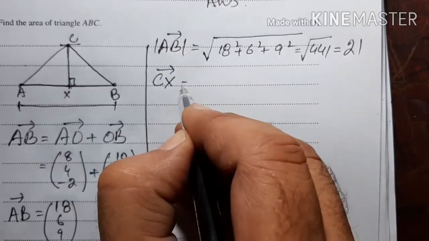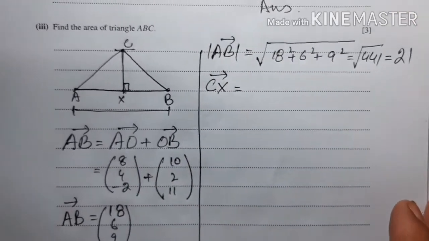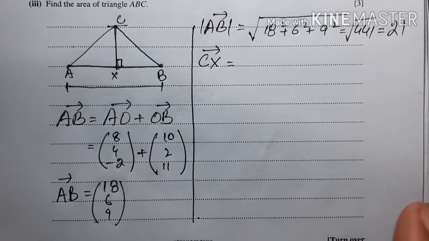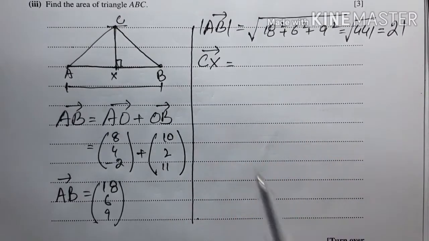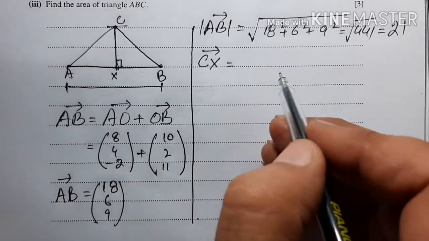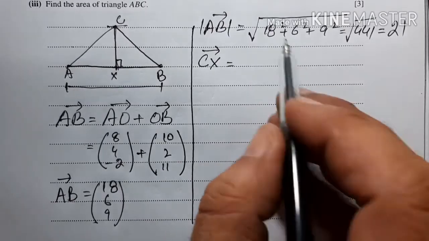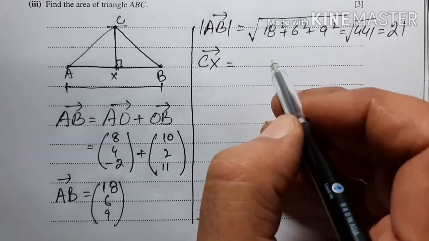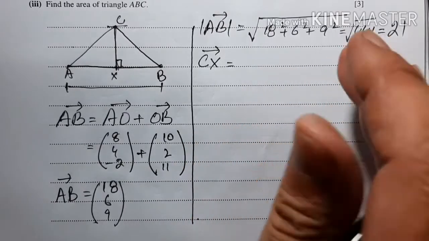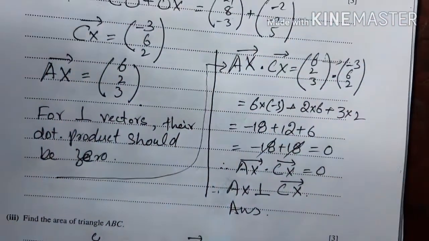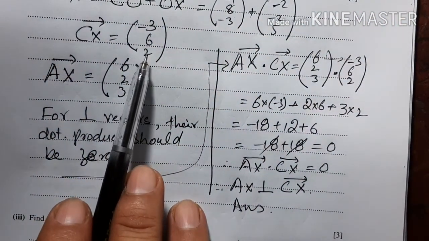Now CX. Actually, I have to write a bit bigger for the video, that's why sometimes I have issues with the working space. This is the reason. I know CX from the previous part: CX is minus 3, 6, 2.